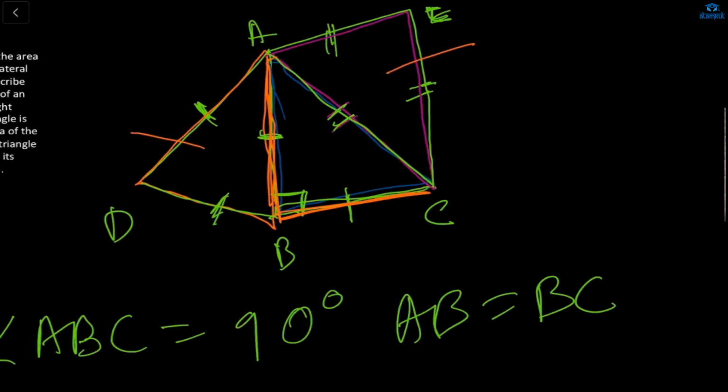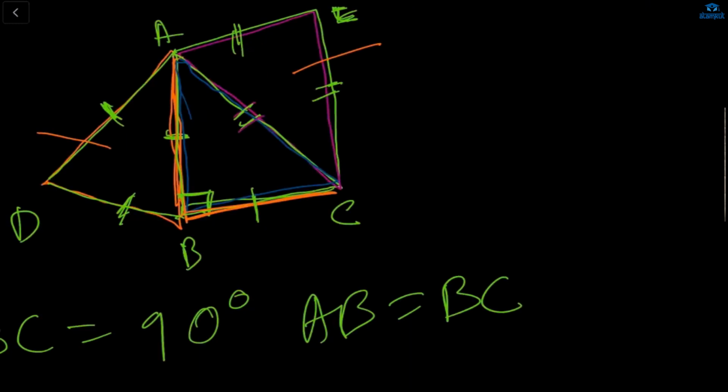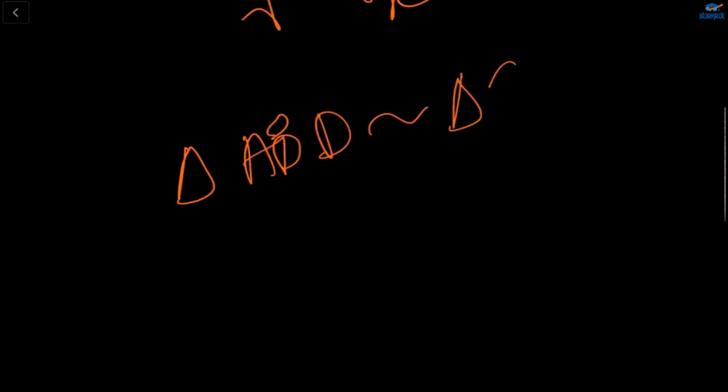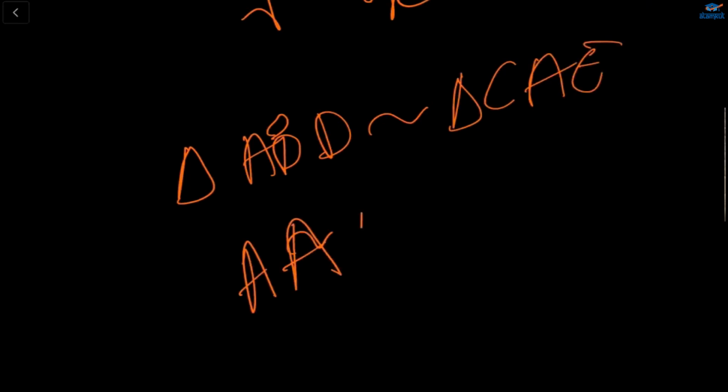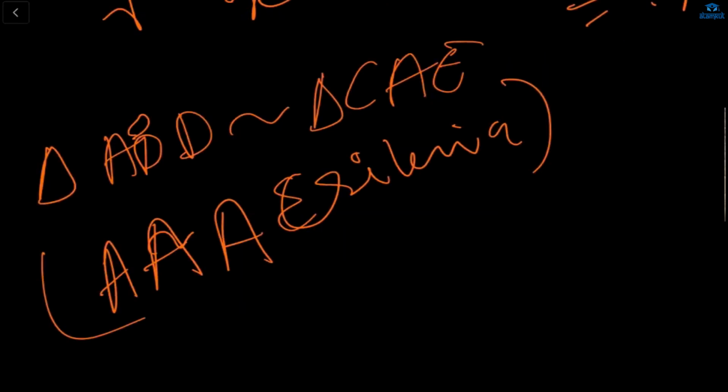Each angle is 60 degrees as they are equilateral triangles, because the three angles sum to 180 degrees, so each angle will be equal to 60 degrees. That means both the triangles will be similar. So triangle ABD will be similar to triangle CAE from the AAA criterion. Both are equilateral triangles.